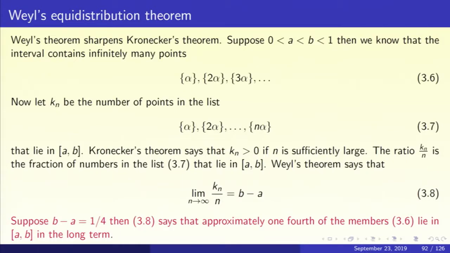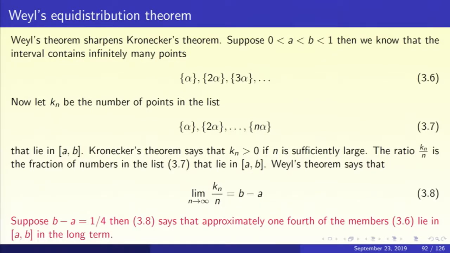So now let us look at the first n elements in the list 3.6, namely the fractional parts of alpha, 2 alpha, up to n alpha. Now some of these will lie in the interval (a, b), say k sub n, that is, k_n is the number of points in 3.7 that lie in (a, b).